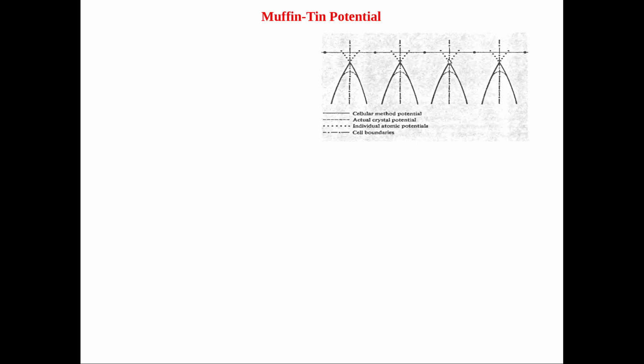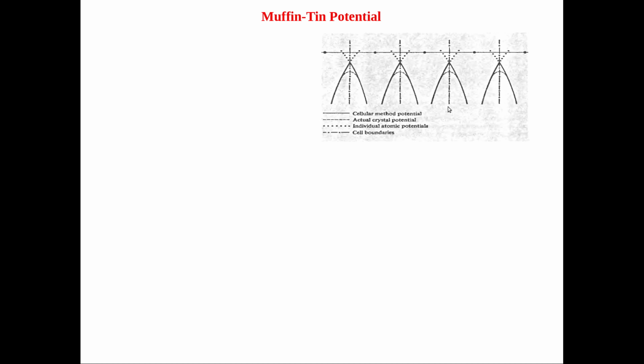But then there were certain practical concerns, like the potential showing a discontinuous derivative here. Here it is increasing, here it is suddenly decreasing at this point, somewhere at the midpoint, or you would say at the boundary of the Wigner-Seitz cell.